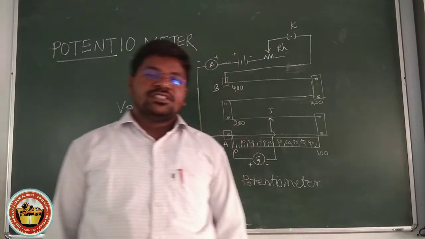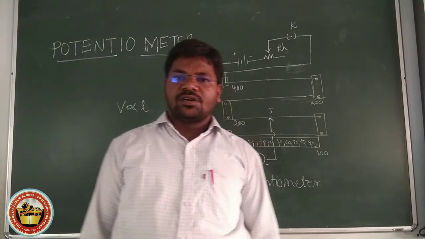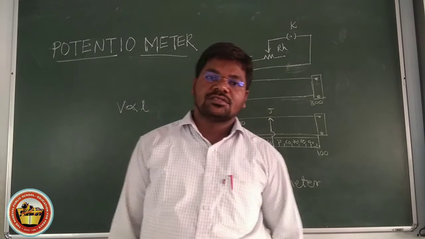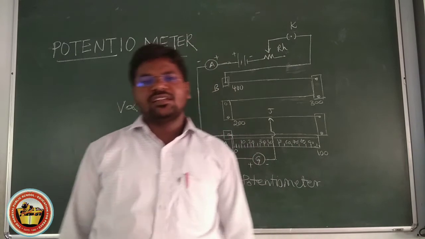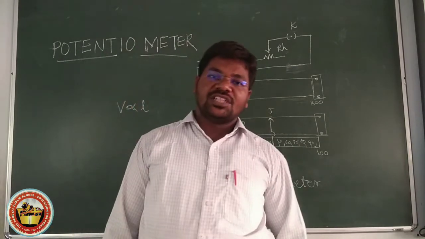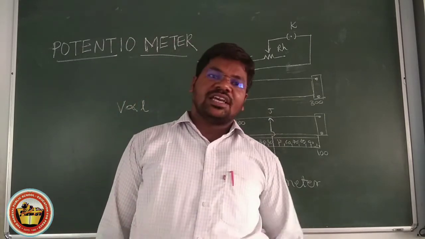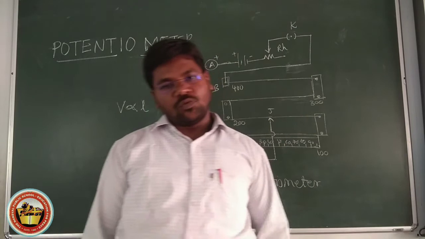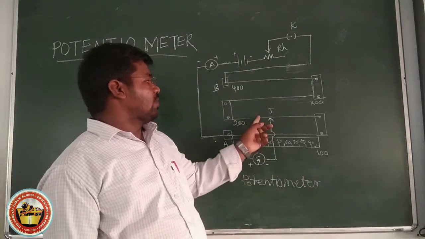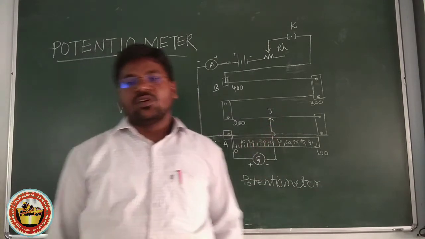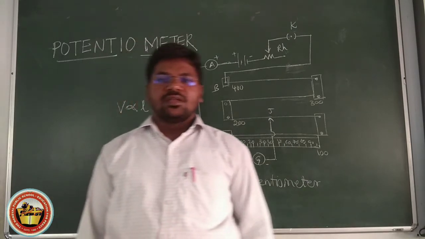Potentiometer. It consists of a number of segments of wire having uniform cross-sectional area stretched over a wooden board between two thick copper strips. Each segment of wire has a length of 1 meter, so the total is 400 centimeters or 4 meters.